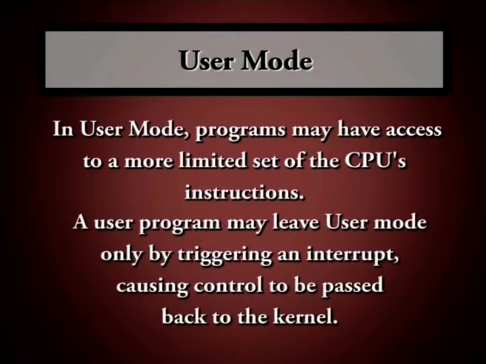A user program may leave user mode only by triggering an interrupt, causing control to be passed back to the kernel. In this way, the operating system can maintain exclusive control over things like access to hardware and memory.